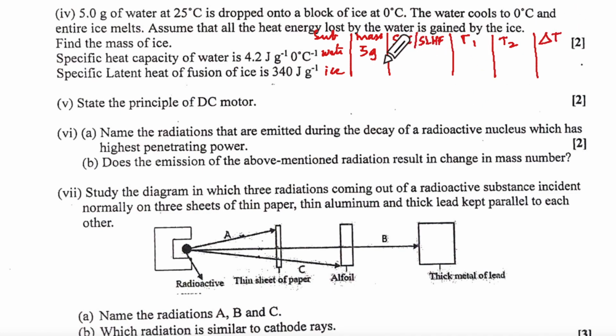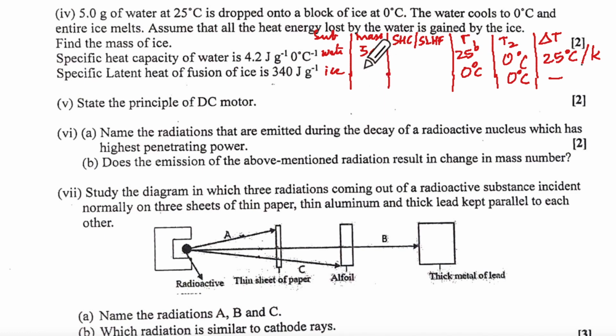Okay, so 5 gram, and at what temperature? 25 degrees C, and block of ice is at 0 degrees C. Water cools to 0 degrees C, so this also will be 0 degrees C, and delta T here is 25 degrees C or Kelvin, and here it is not applicable because there's no rise in temperature, correct?